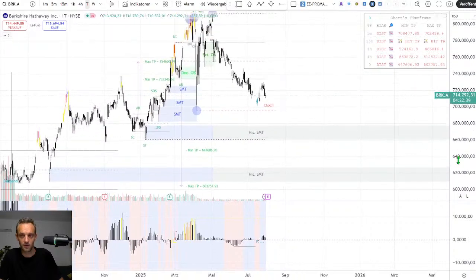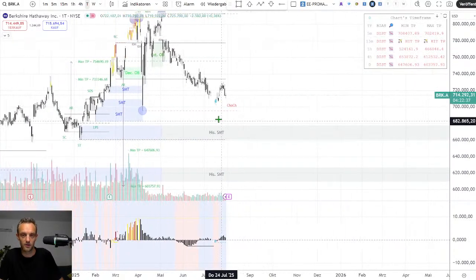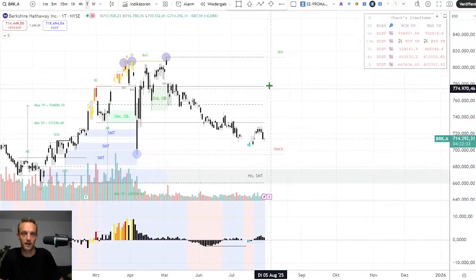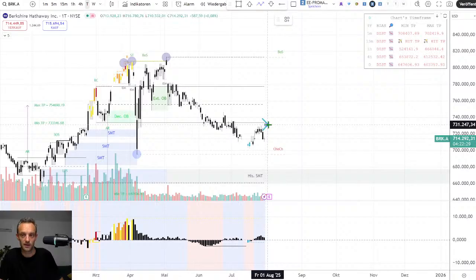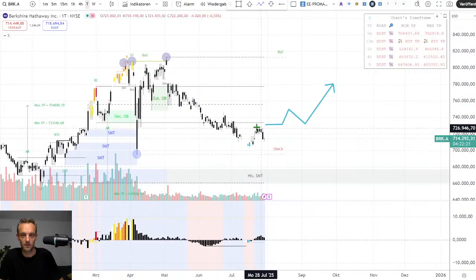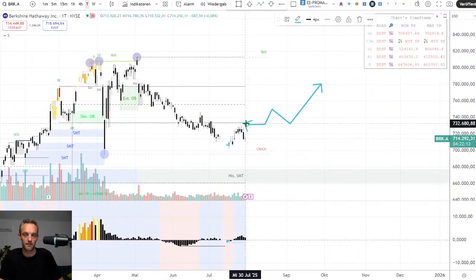So this is very important, and of course, one really big and important thing is market structure. So if Berkshire breaks out above this 731, it looks like this bottom is in, and you can buy again.